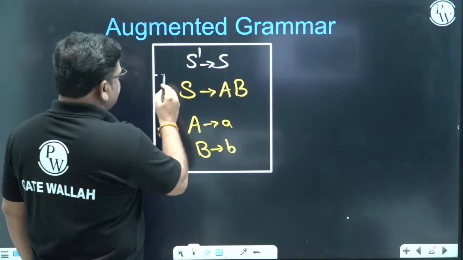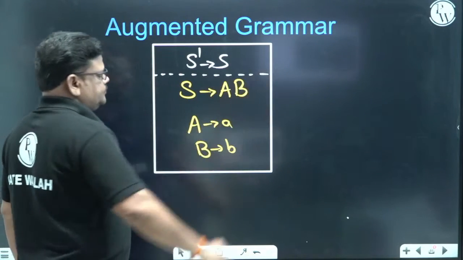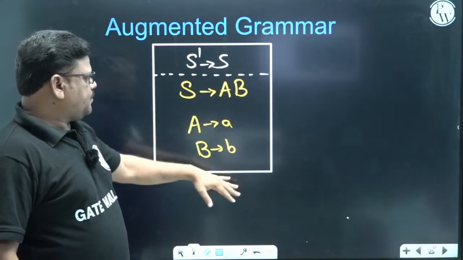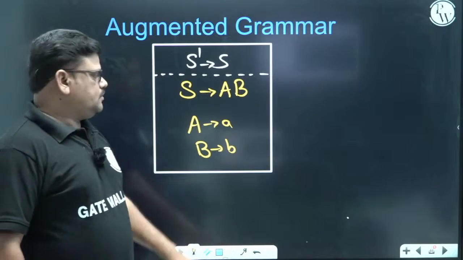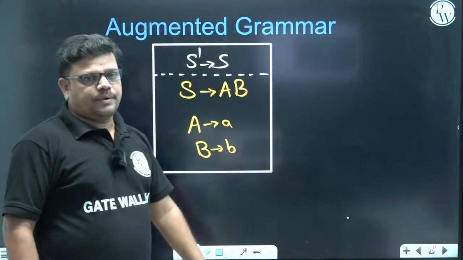So this is the original production, the given grammar productions, and we add a new production like S dash gives S. Now this total grammar is called augmented grammar.